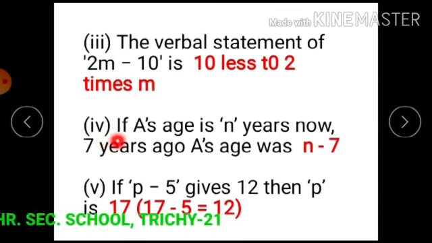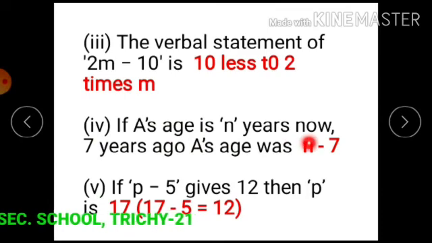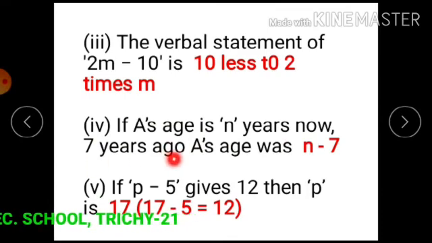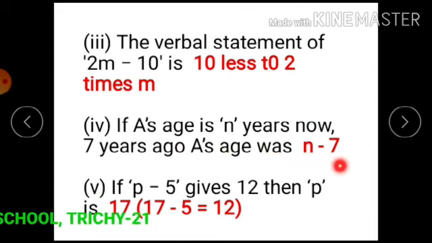Subdivision 4, if A's age is n years now, 7 years ago A's age was n minus 7. Subdivision 5, if p minus 5 gives 12, then p is 17. 17 minus 5 equal to 12.